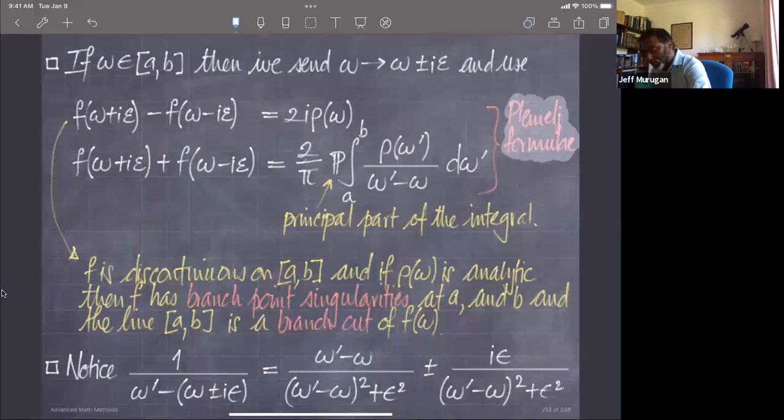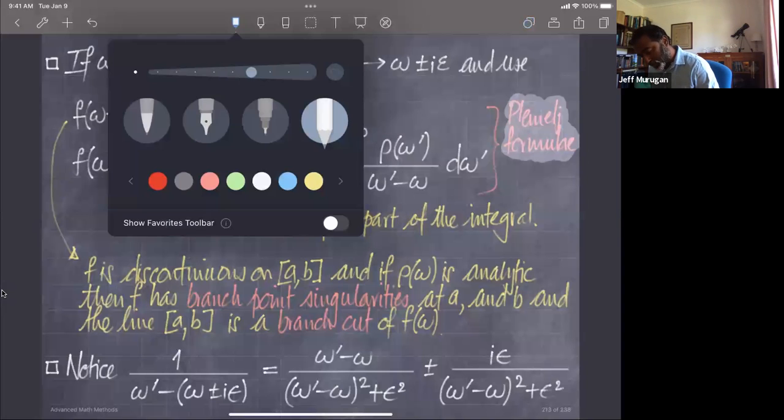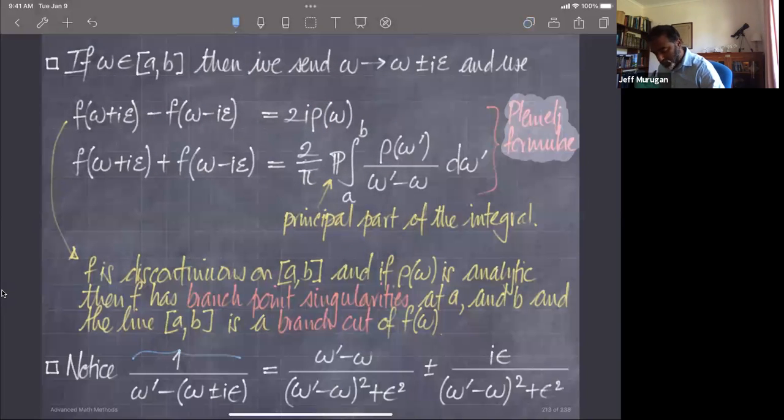And you can see what I've done here, which is that if I define the left-hand side to be G of omega prime and omega, so let's just call it G, then I've taken this G and split it up into two parts.